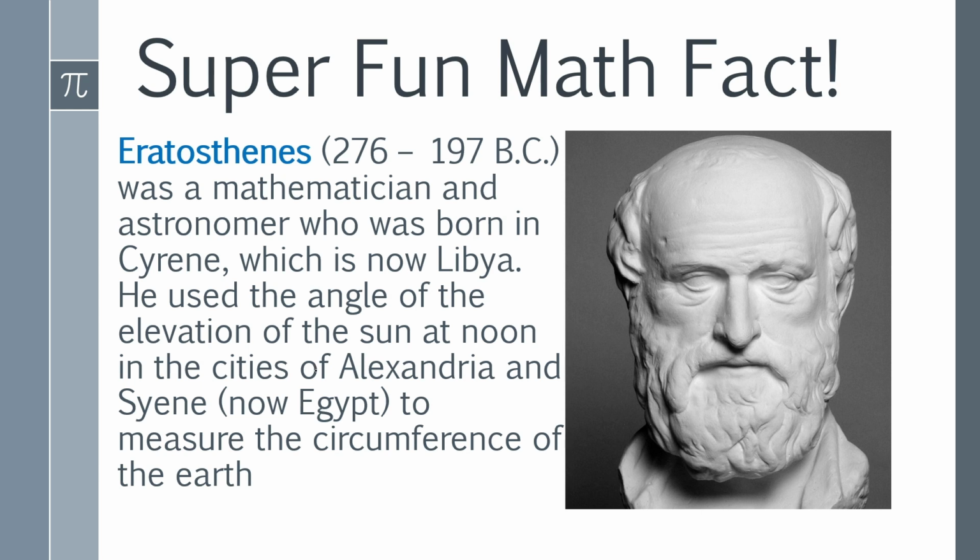He used the angle of elevation of the sun at noon in the cities of Alexandria and Syene, which is now in Egypt, to measure the circumference of the Earth. So approximately 2,200 years ago, this guy was able to figure out how large the Earth was, which is pretty astounding.